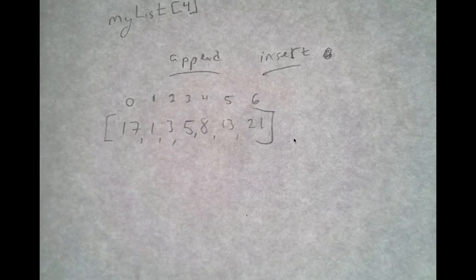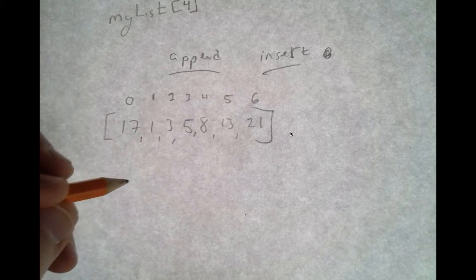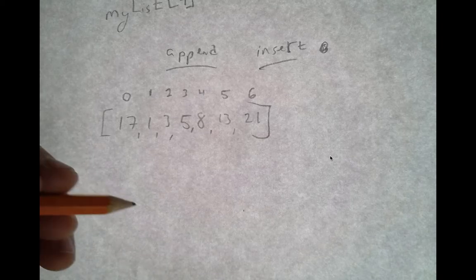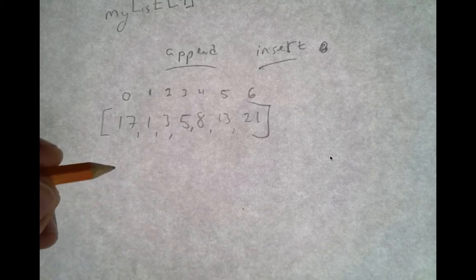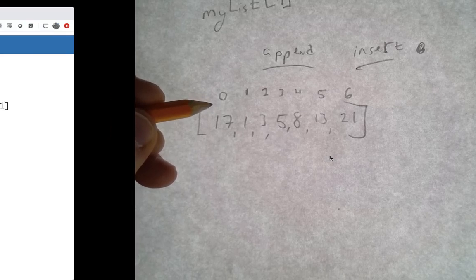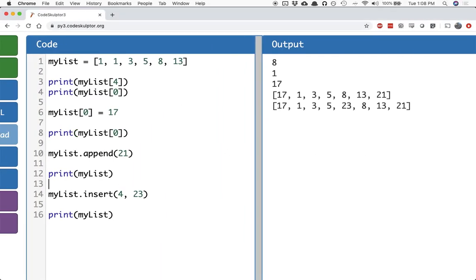Insert. So here, when we want to insert, what is going on? Why is this camera freaking out right now? It's going so slow. Whatever. I think you'll still be able to follow it. We said mylist.insert 4, 23.